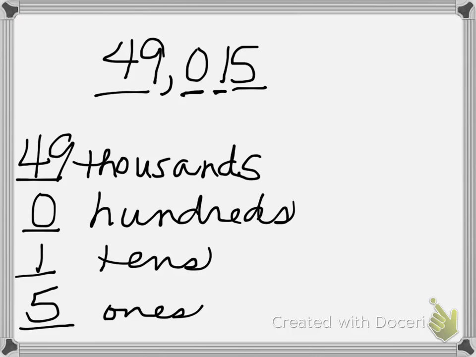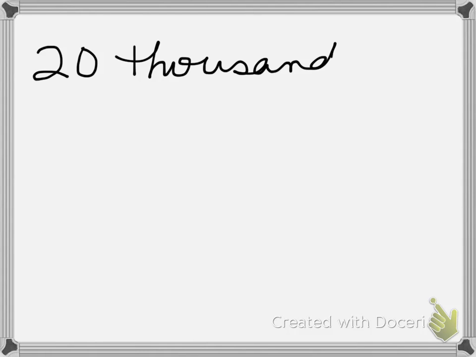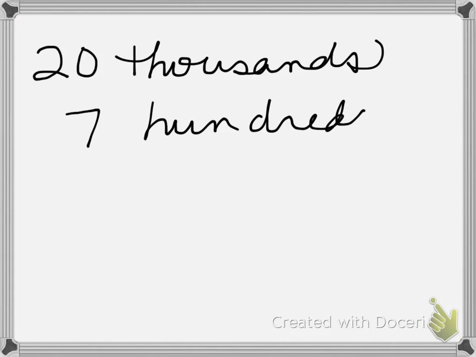Now on number 2, you're going to write the numbers, and they're giving you how many thousands you have, how many hundreds, how many tens, and how many ones in each case. If it's not listed there, then you can assume you don't have any. For instance, if you look at number 2A, they tell you that you have 20 thousands, 7 hundreds, and 4 ones.